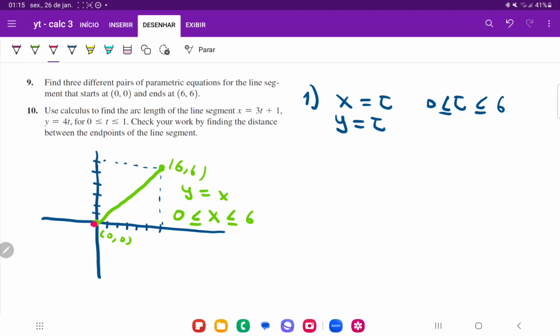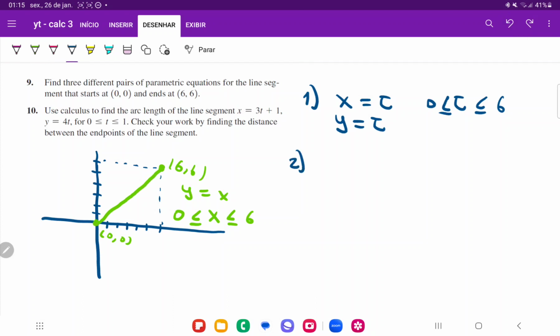When t is equal to 1, we're at x equals 1, so this would be the point when t is equal to 1. When t is equal to 2, we're at x equals 2, and so on and so forth until t is equal to 6, which is x equals 6. So we can see that this is the direction that our parametric equation would take, where for every value of t, we're increasing one step on the x-axis.